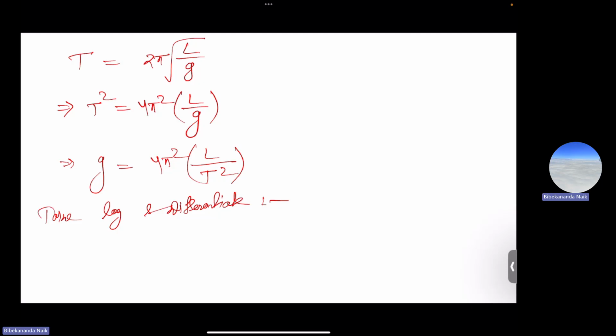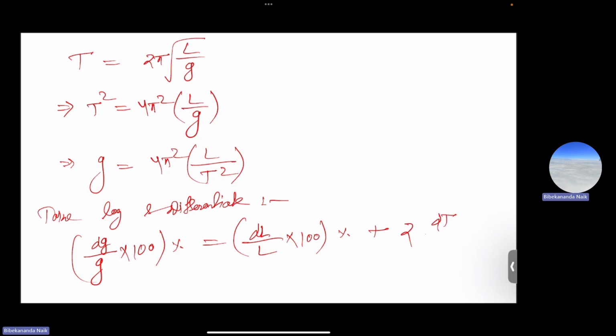So dg by g into 100 equals, again 4 pi square is constant, so it will be dl by l into 100 plus 2 dt by t into 100.